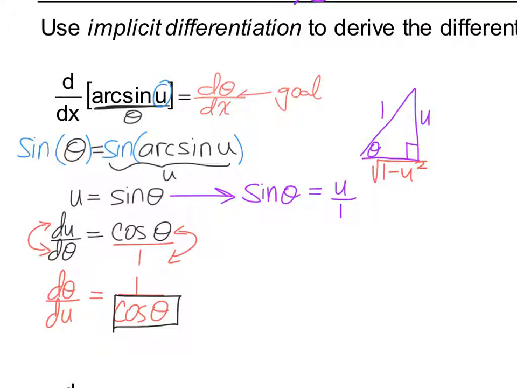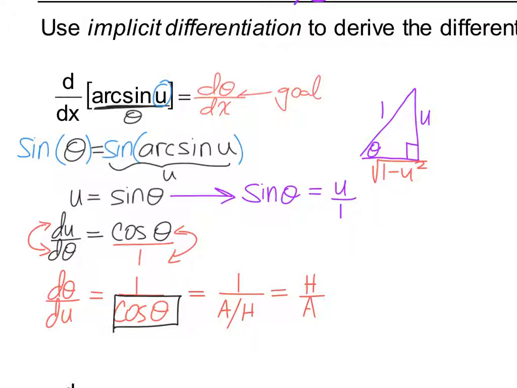So 1 over cosine. I can change that now because cosine is adjacent over hypotenuse, so 1 over a over h would correspond to h over a.